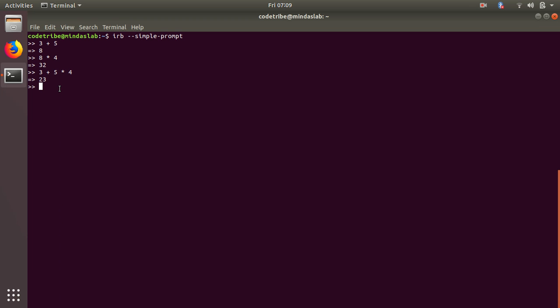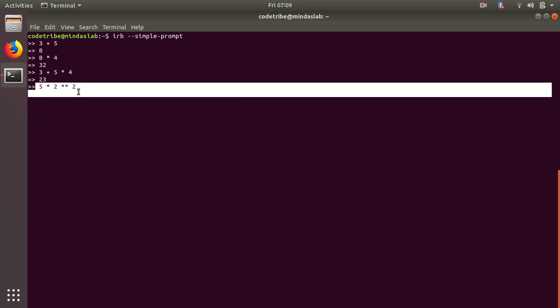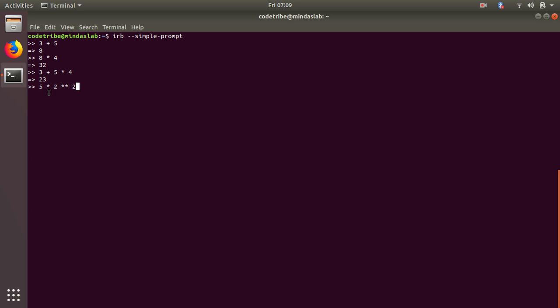Let me just say 5 star 2 raised to the power of 2. You would think that 5 star 2 is 10, and that raised to the power of 2 is 100, right?